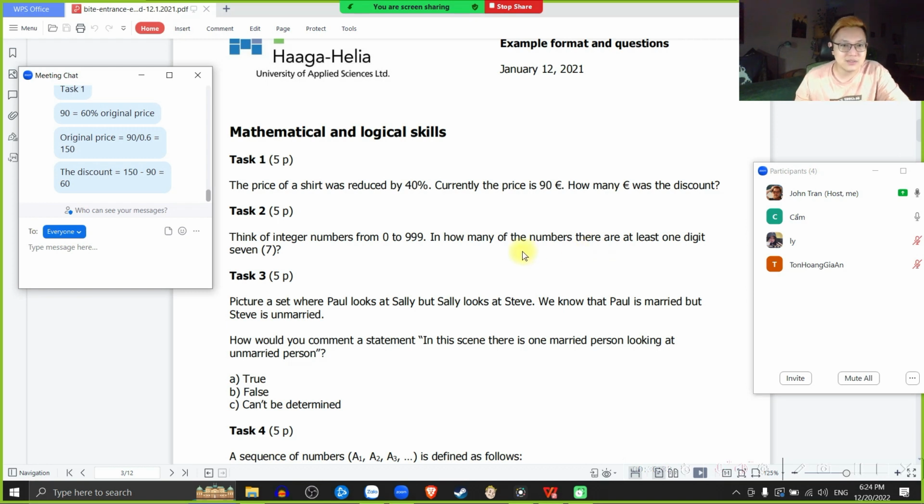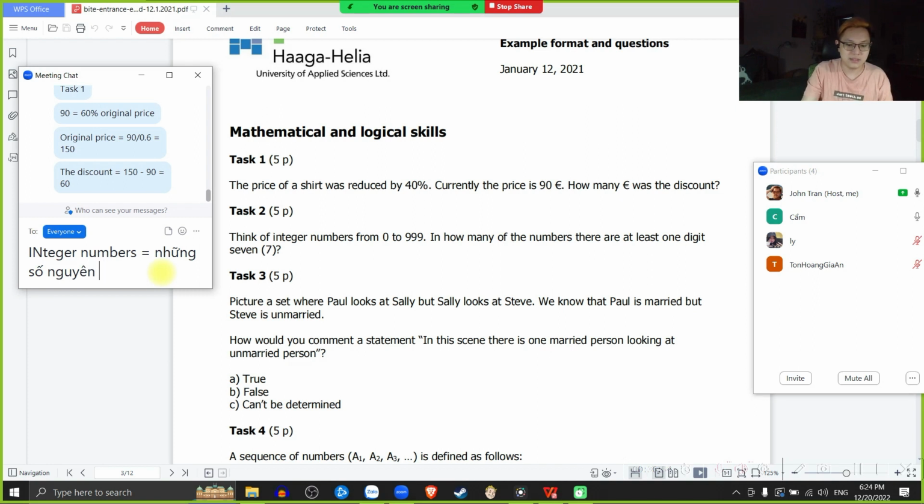Task 2. Okay, let's try task 2. Think of integer numbers from 0 to 999. What are integer numbers? Nó là những số gì? Integer là những số nguyên không thập phân hết.